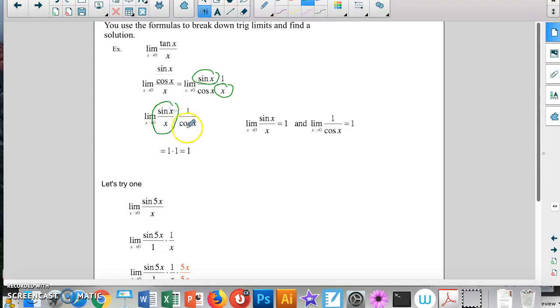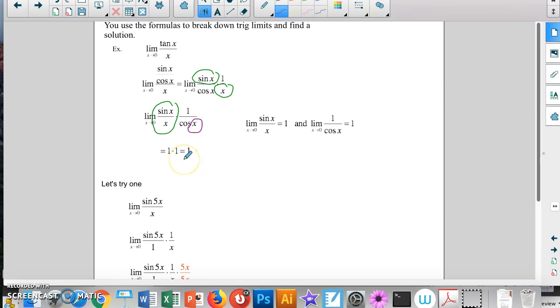So it looks like that, because those are the two that work with the formula. And the 1 over cosine x is just there. So sine x over x goes to 1. And over here, cosine of 0 is 1. So that's 1 times 1, which means the answer is 1.